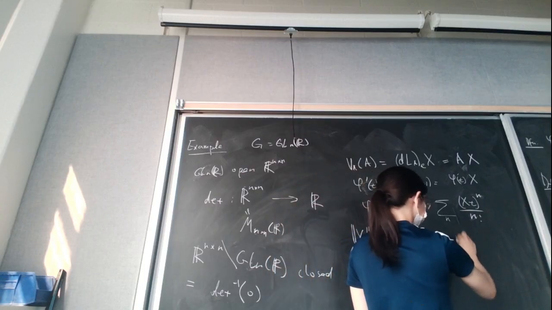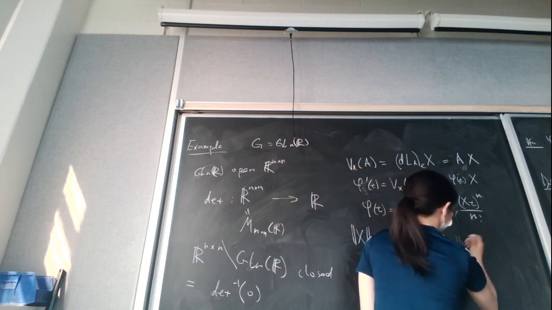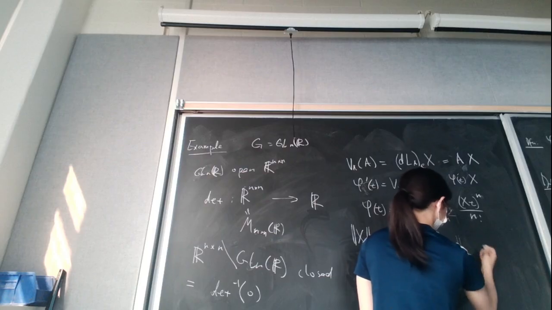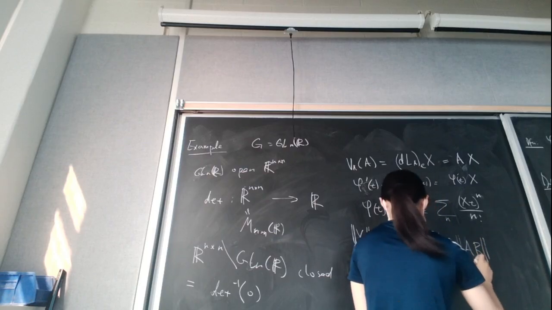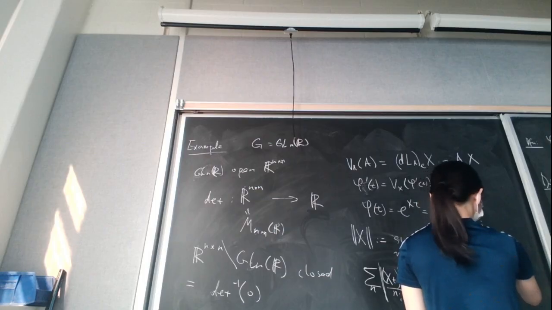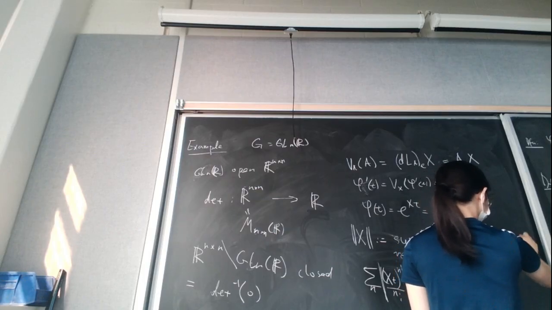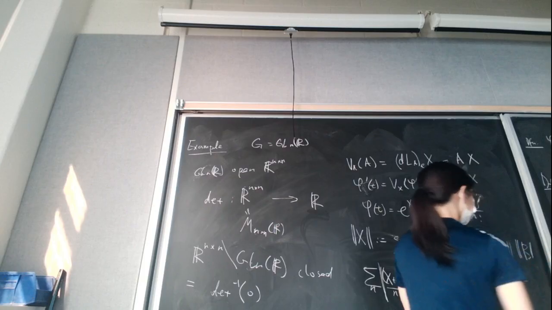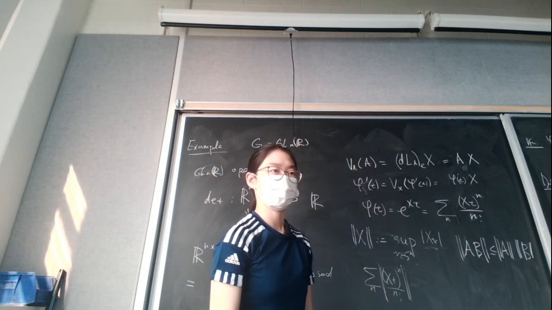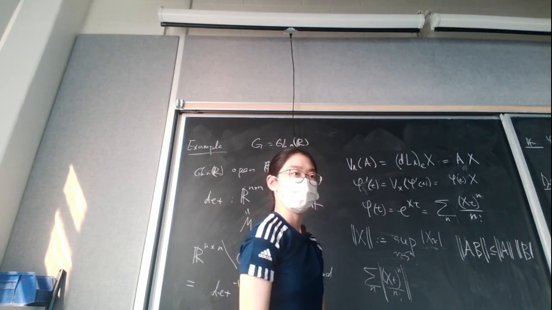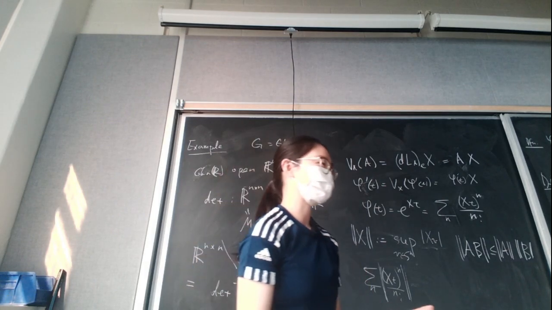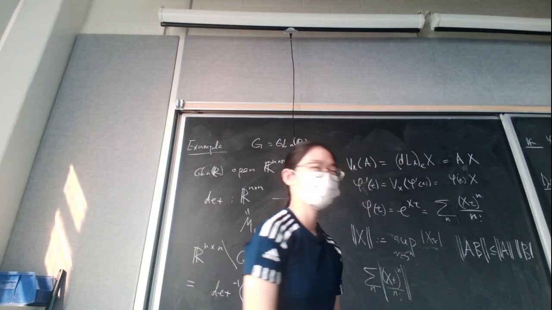I'm not going to prove this property, but the norm of AB is less than or equal to the norm of A times the norm of B. Oh wait, this was covered in 247, isn't it? It's not in a familiar form. What was the name of the inequality? Cauchy-Schwarz. Oh yeah, Cauchy-Schwarz.